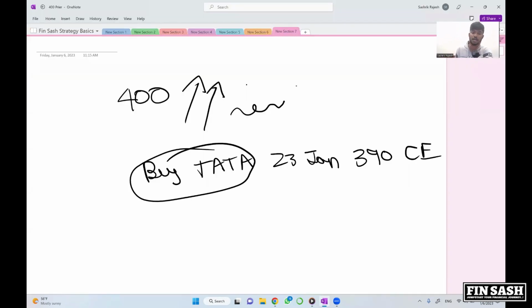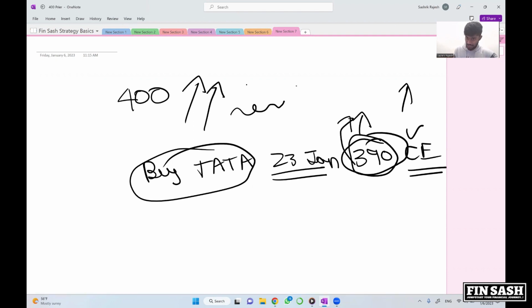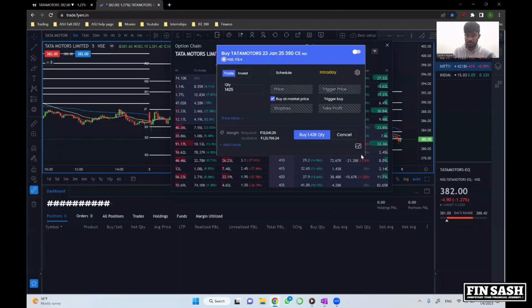What this means is that Tata Motors on 23rd Jan is going to be above 390. So call means bullish, and it's going to be above 390, right? In case you think it's not going to be above 390, you can always choose lesser strike prices.